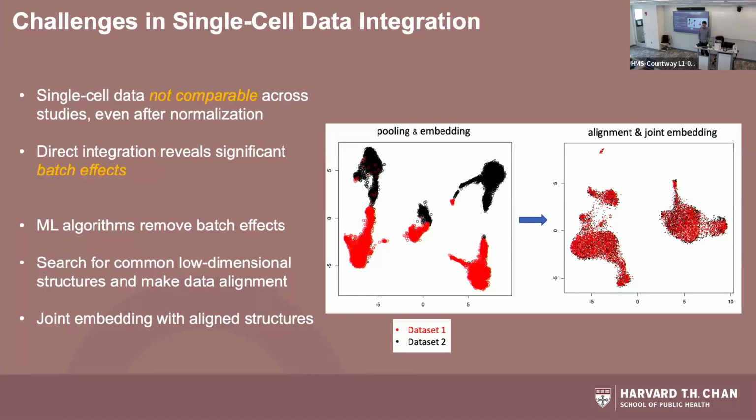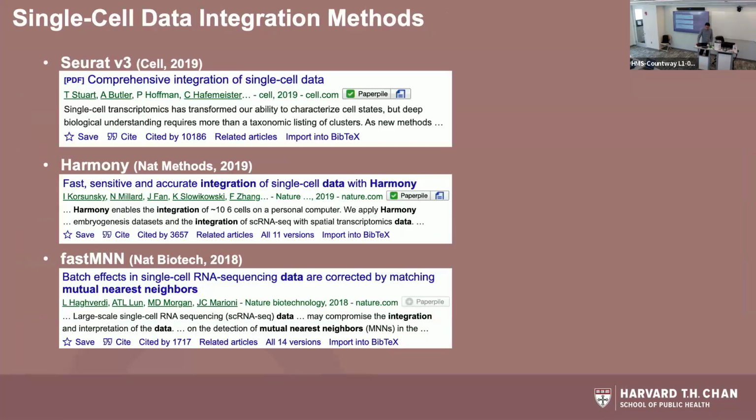After this procedure, the differences, the so-called batch effect between the two data sets, are completely removed, and we see a perfect alignment of the two data sets in terms of that embedding. Here are the three most popular algorithms currently available. There are more than that, as we will see shortly, but these are arguably the most popular ones.